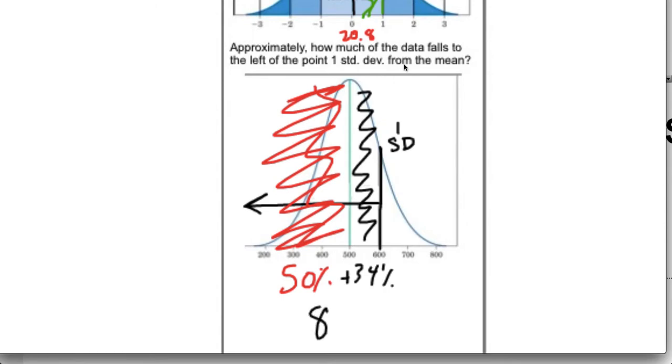If I add those two together, in every normalized data set, no matter what it's representing, if it's the shape of a symmetric single-peaked bell curve, 84% of the data will fall less than 1 standard deviation above the mean. Every data set. That's the point of the normal curve and of these patterns: if your data fits this single bell curve shape and is symmetric, then we can make these generalizations about every data set that follows that pattern.